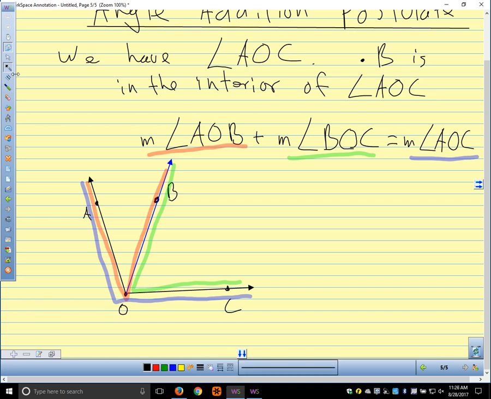We're adding 2 smaller angles together to get the big angle, just like we did with segment addition. That's all the angle addition postulate is telling us. Add 2 small pieces, you get a bigger piece.